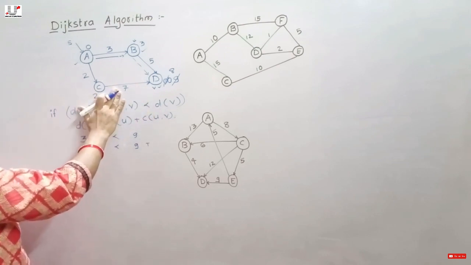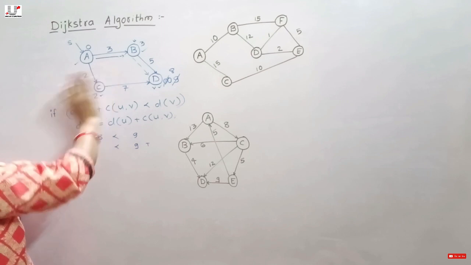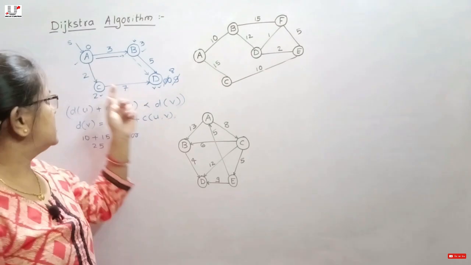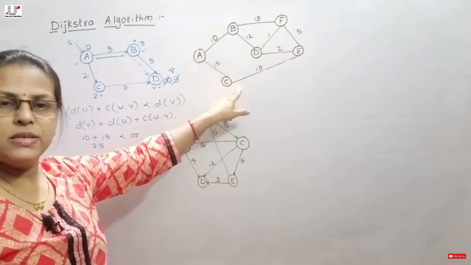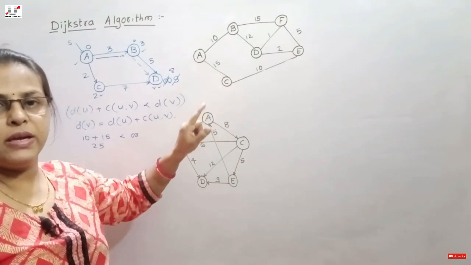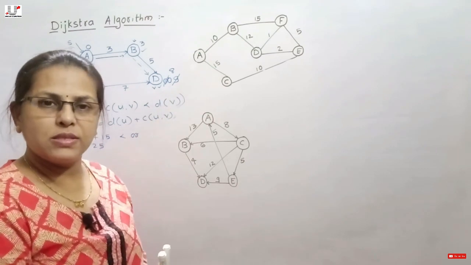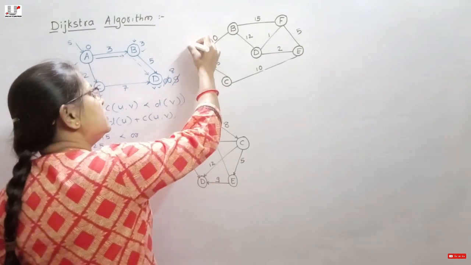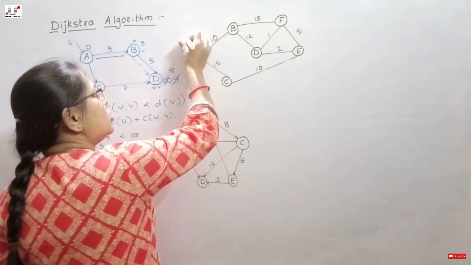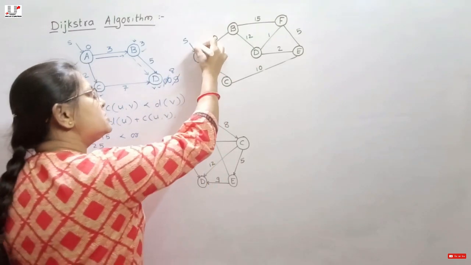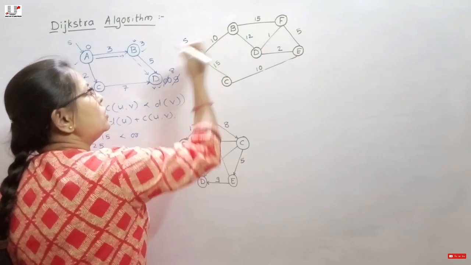So this is the working of Dijkstra algorithm. Now let us apply the same principle on this undirected weighted graph. As in this graph the starting vertex is not given, I choose A as the starting vertex, and the starting vertex always has the distance 0.